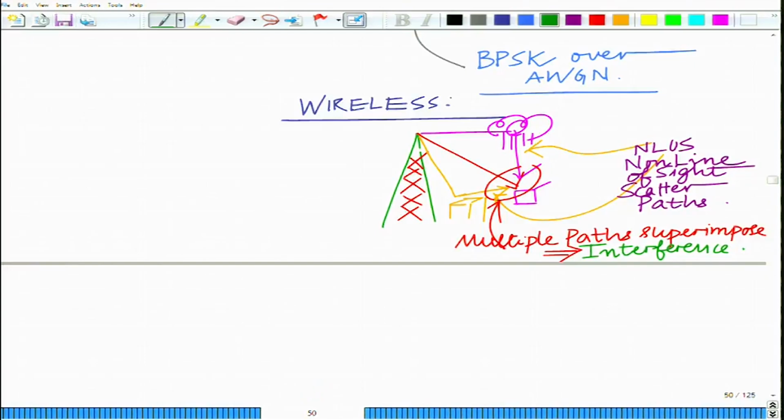Interference need not be only destructive, it can also be constructive. But the moment you have interference, there is uncertainty in the received signal level. The signal level can dip if the interference is destructive, or rise if the interference is constructive. So, in general, the power of the received signal is varying with time.